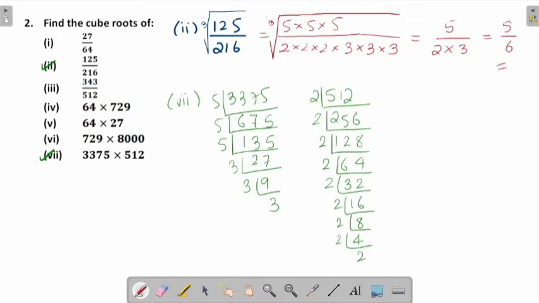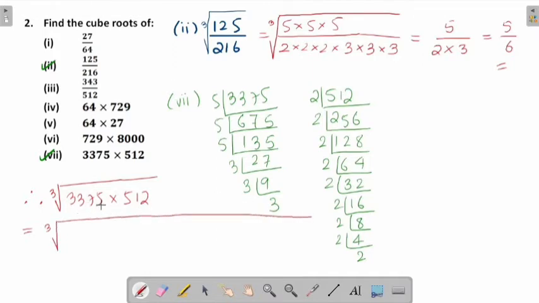Therefore, see here carefully, we need to find the cube root of 3375 into 512. So this will be equal to the cube root of, it's going to be a long one. 3375 is how much?